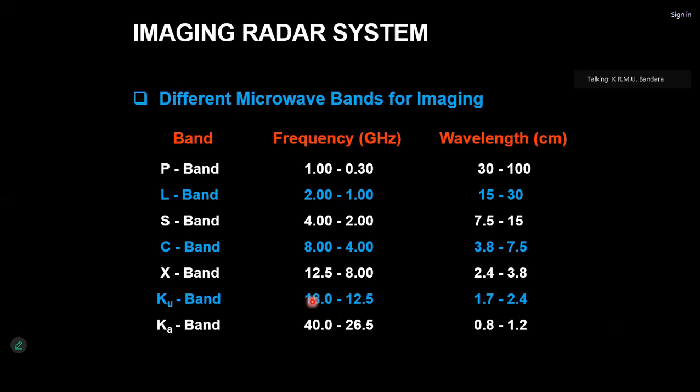Because K comes from 18.0 to 40. The below part is the Ku band, and the above part is the Ka band. This is normally used for non-imaging radar, but sometimes for different kinds of images. Okay, these are the microwave bands we normally use for the imaging system.